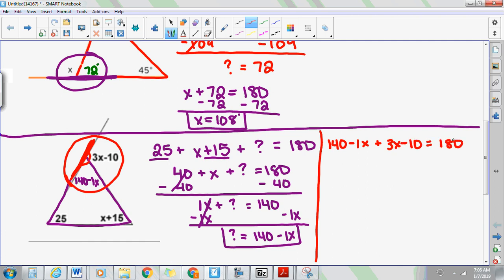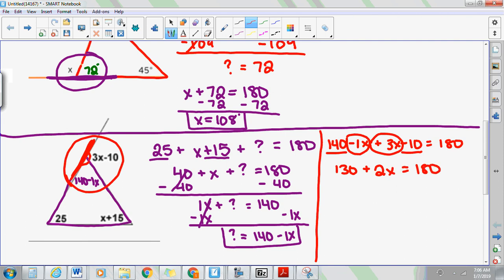They are supplementary angles. So I can do the same thing. I see some like terms I can combine. I see 140 minus 10. That makes 130. Just to save some space, I also see that negative 1x plus 3x makes positive 2x.